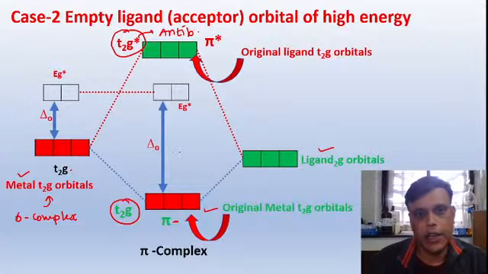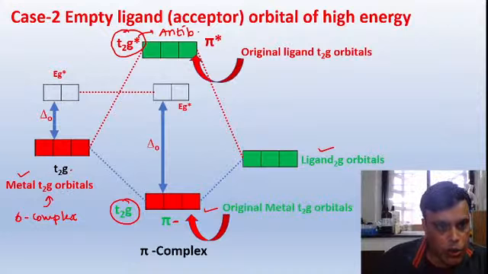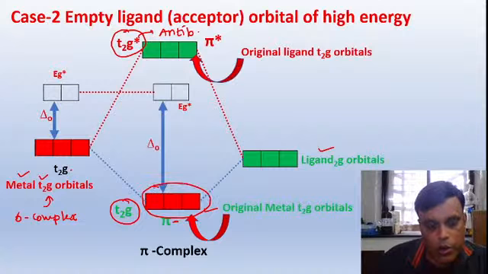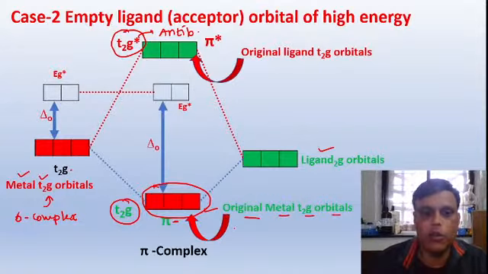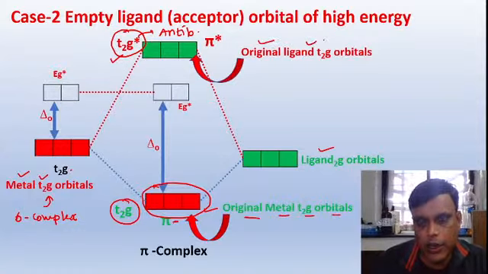Now in this case, the metal t2g orbitals will go lower in energy. So this t2g orbital is a bonding orbital, originally from the metal t2g orbital, and the anti-bonding t2g orbital which goes higher in energy is from the ligand orbital. So this is the original ligand t2g orbital.